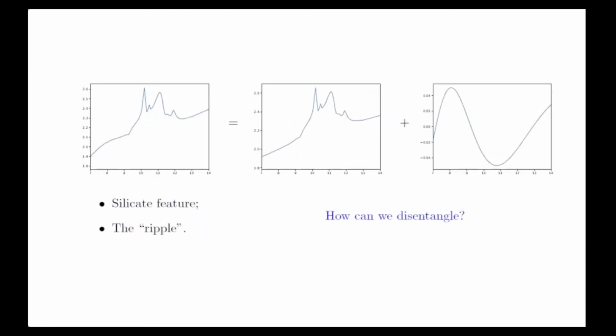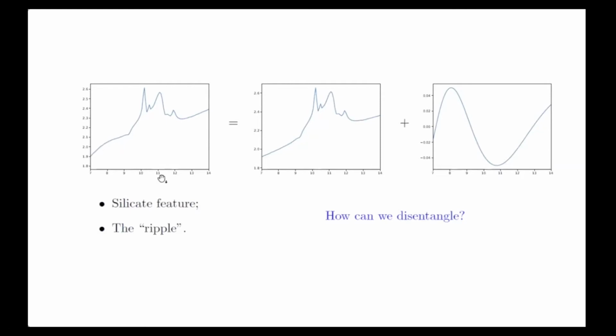However, for mid-infrared interferometry, such ripple signals are hard to detect due to the silicate features. So for the system we mentioned above, we computed its correlated spectrum at a baseline of 50 meters. We get this. So you can see the strong silicate feature here, but can you see that there's a ripple here?